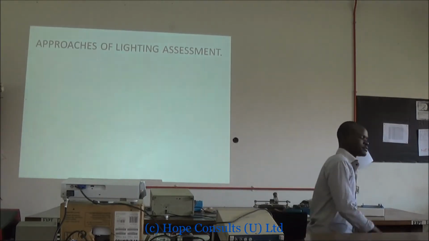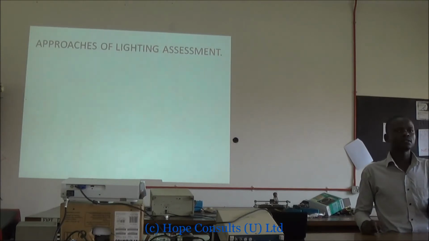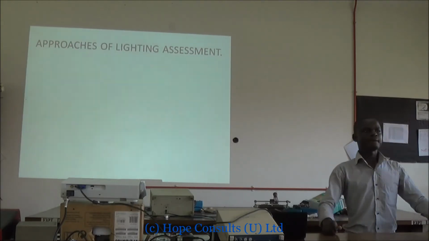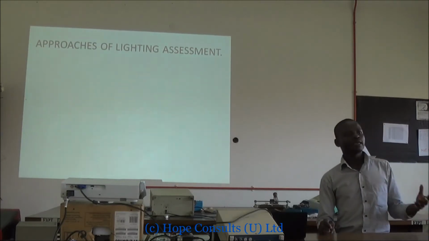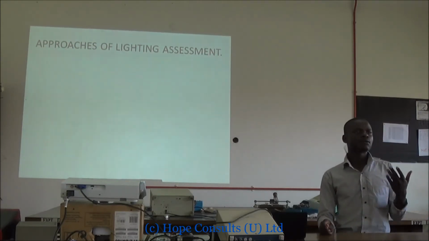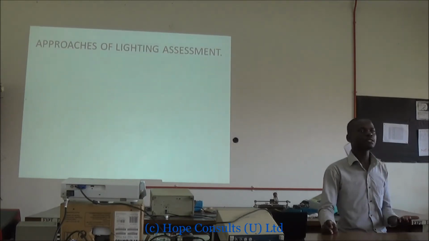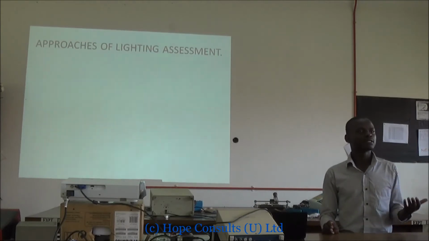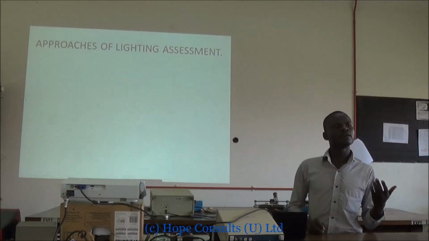Then we have the approaches to lighting assessment. Basically, we have two approaches: one is by checklist and the other one is by measurement. The approach by checklist is where the expert in the lighting department has to go into an industry, check out what lighting is required, and note it down, and then after that he comes and fulfills it.